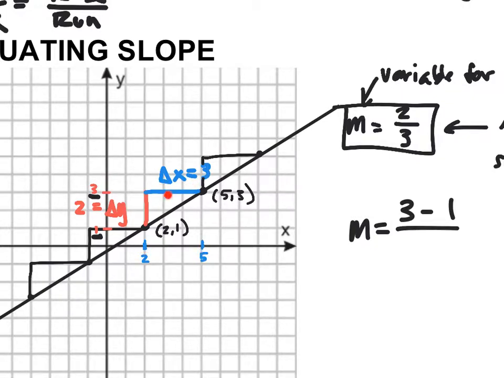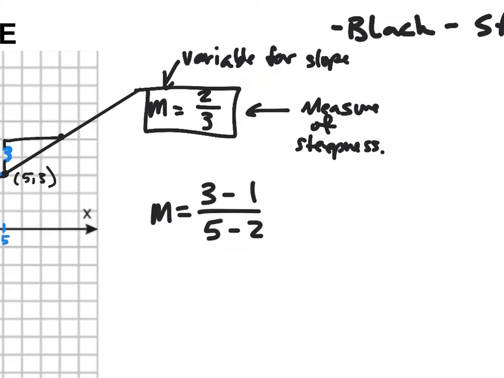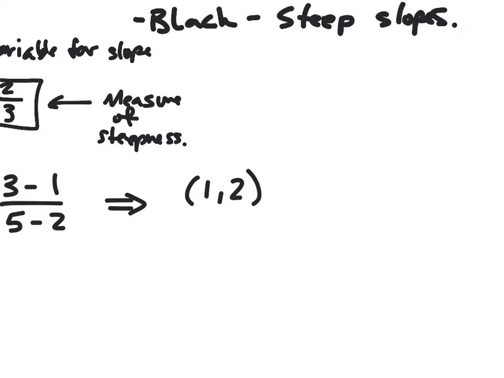I can get the number 3 by subtracting 2 from 5, so I would write this as 5 minus 2. This is from the points (2, 1) and (5, 3).